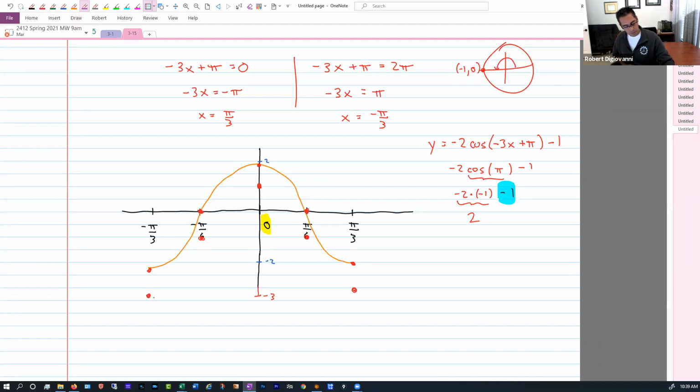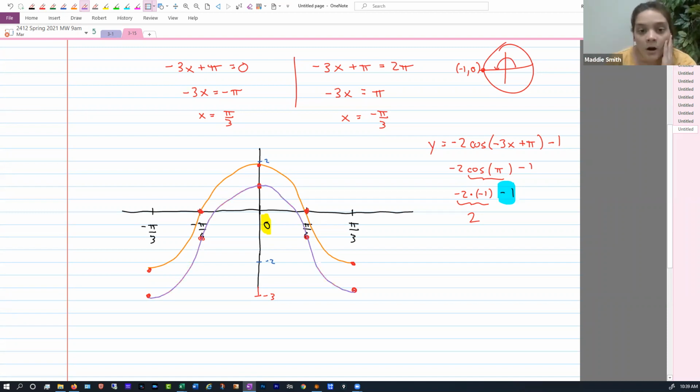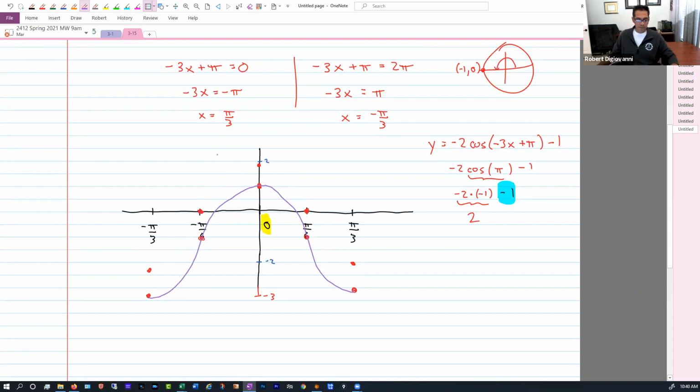I'll draw this in a different color. Okay with that? I'm going to get rid of the orange one. There's where we are.